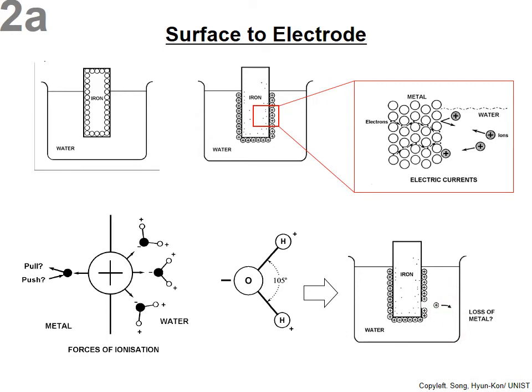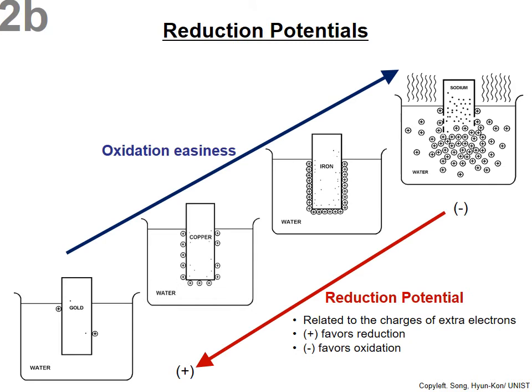So some portion of matter or ion is dissolved in water. Again, in the iron case, we have 20 positively charged surface species with 20 extra electrons in the metal body.